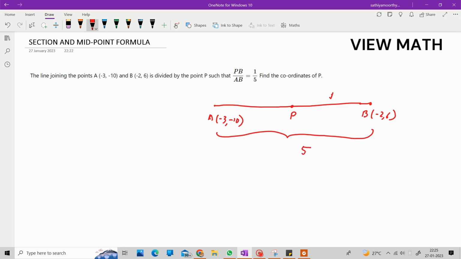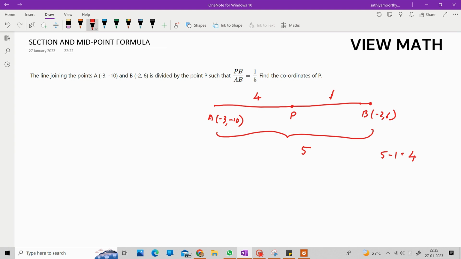So in 5 parts, PB is 1 part. What is AP? AP is the remaining parts, that is 5 minus 1, which is equal to 4 parts. So AP is 4 parts. Like this we have to find the ratio. Let me explain once more.